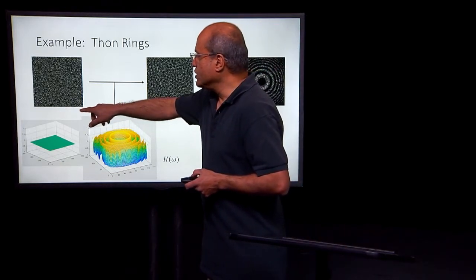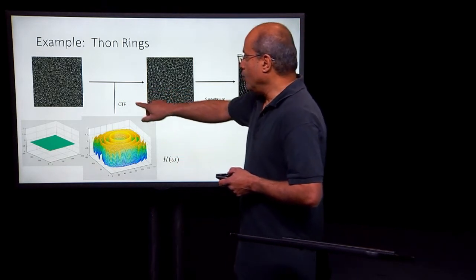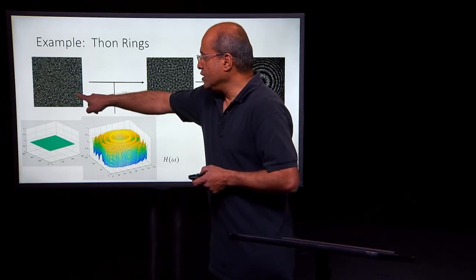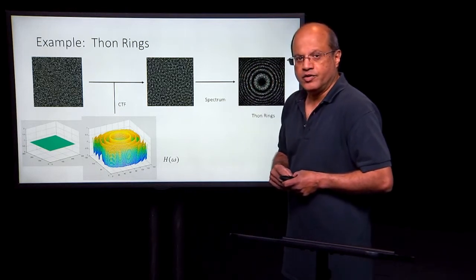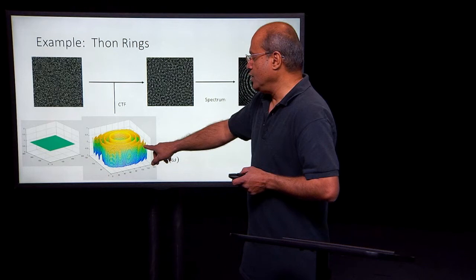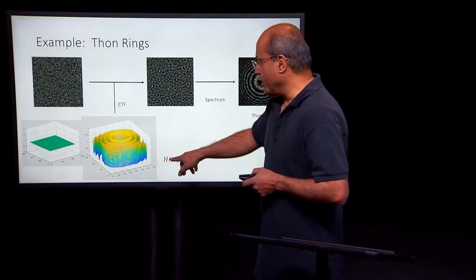If you now put this graphite plate in a microscope and take an image, the image you get is going to be this graphite plate convolved with the contrast transfer function of the microscope. This is the contrast transfer function in the Fourier domain, h of omega.